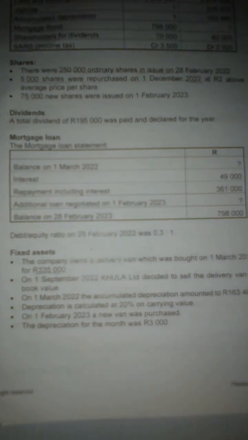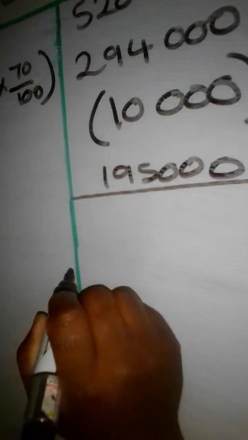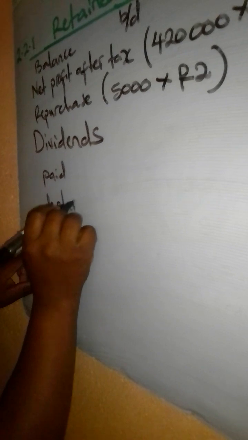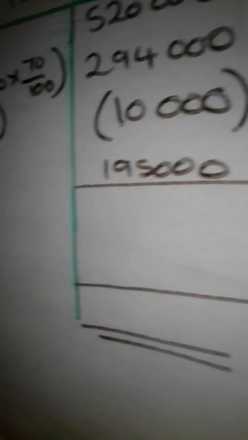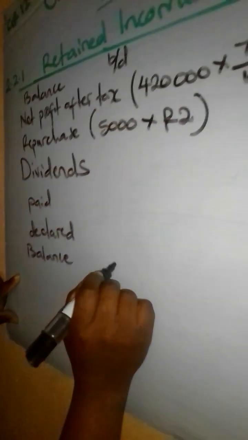It is the amount that we record here, 195,000. That is the total. But below here, we have a paid dividend, and then we also record a declared dividend. And then after that, of course, that's when we can record the balance carried down, or the balance at the end of the financial year.